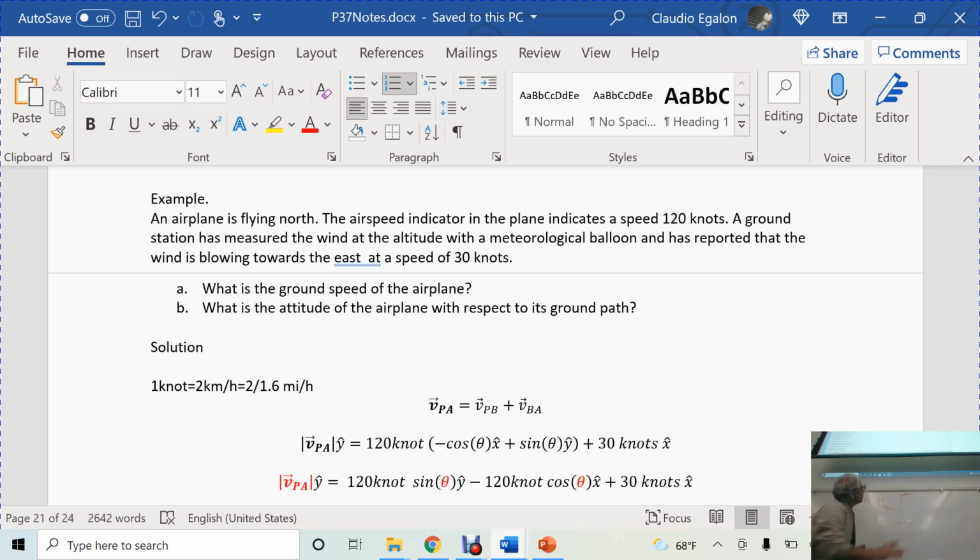And then what you end up having is VP of A is VP of B plus VB of A, right? So all you have to do is, you have this right angle triangle. Here is VP.